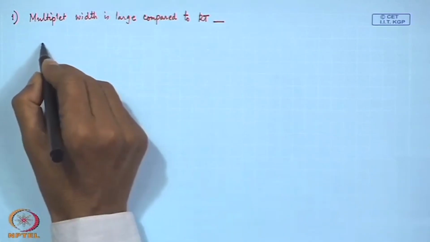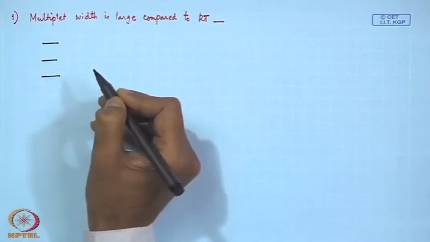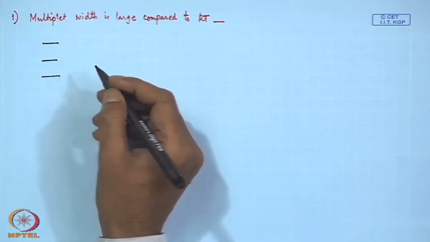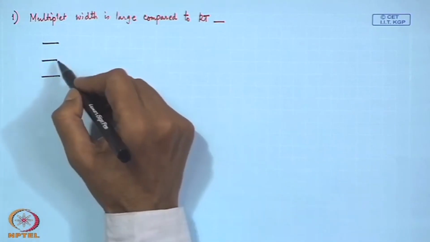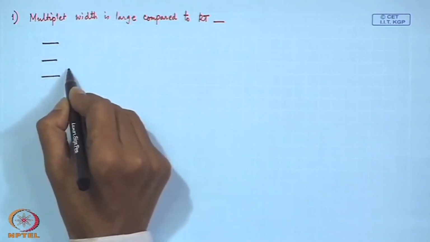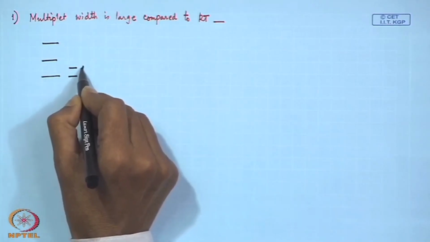So if we have a multiplet width which is large compared to kT, we have the different J levels, such as J equal to 4, J equal to 3 and J equal to 2. The multiplet width is large, that means the separation is large, and the magnitude of kT is small.